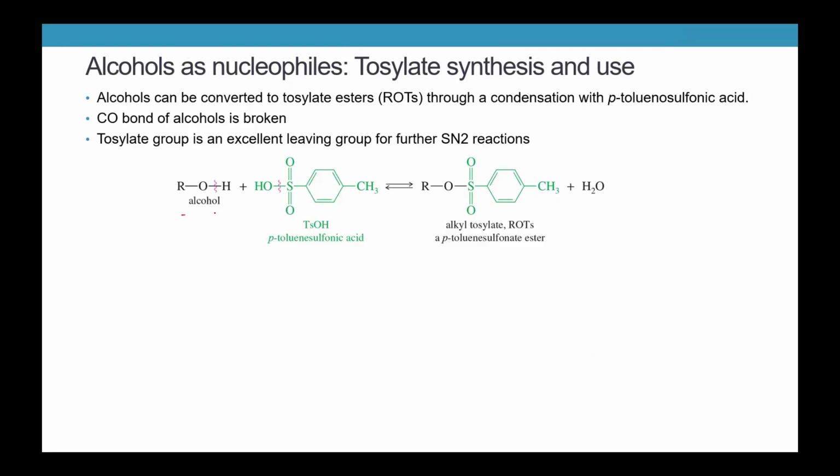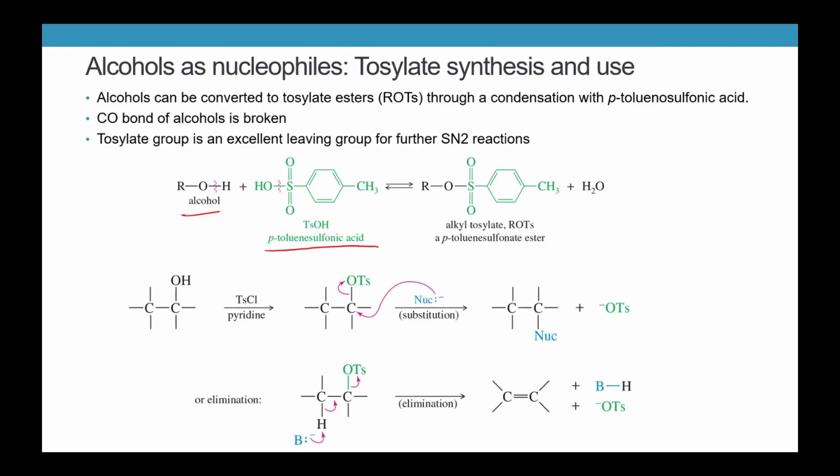So we have our alcohol, primary, secondary, reacting with para-toluenesulfonyl chloride, or para-toluenesulfonic acid. So at the top here is the sulfonic acid, and then the chloride just has a chloride instead of an OH.